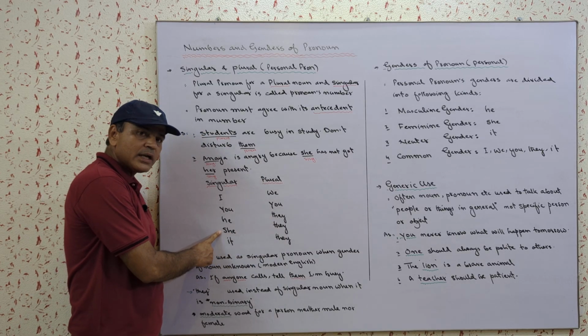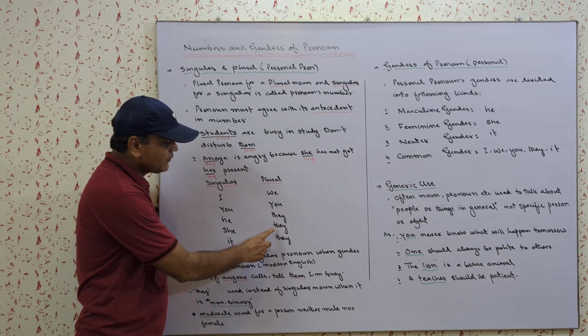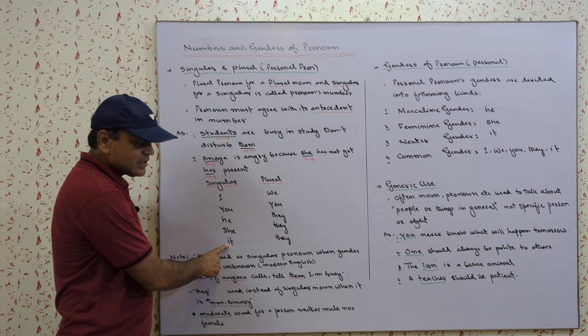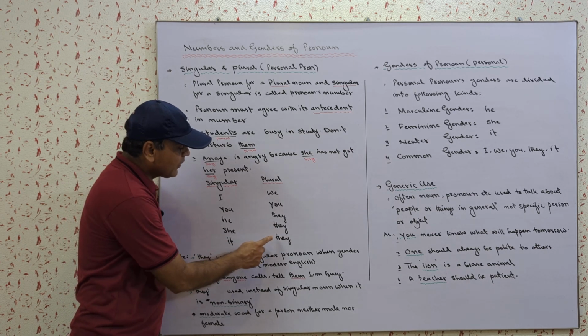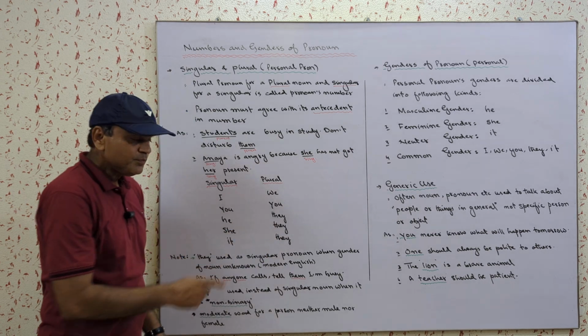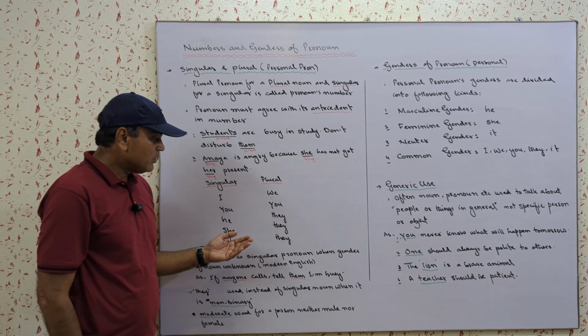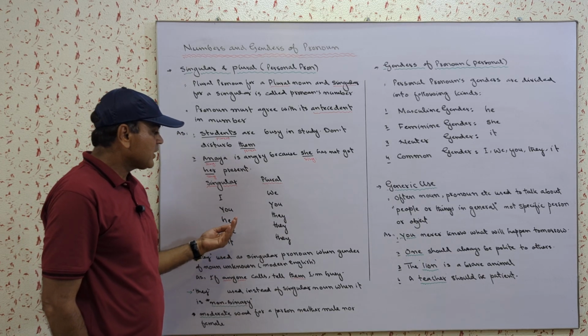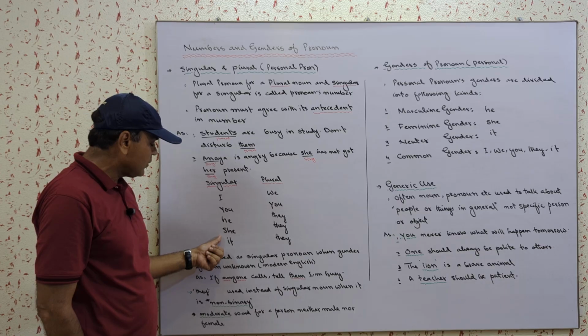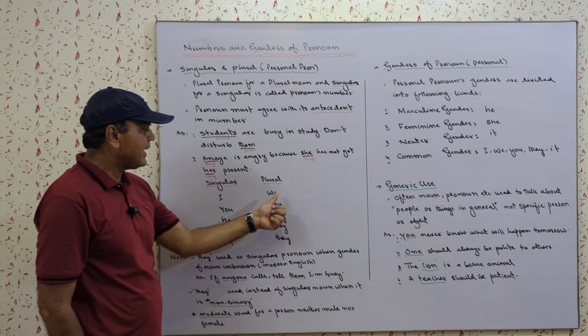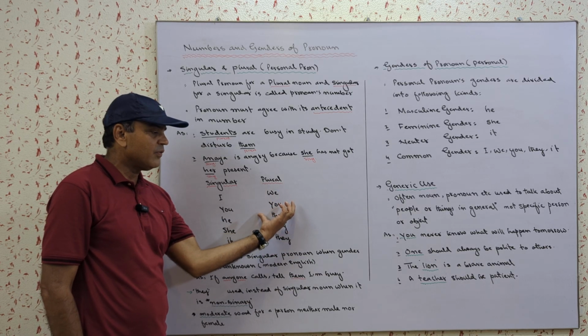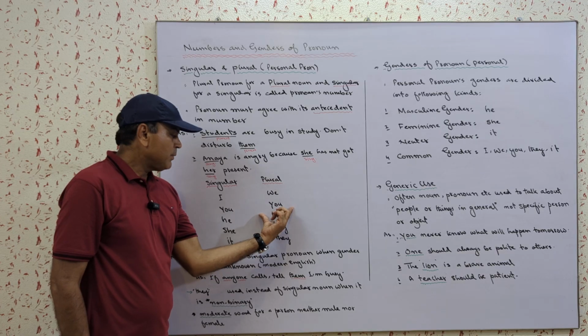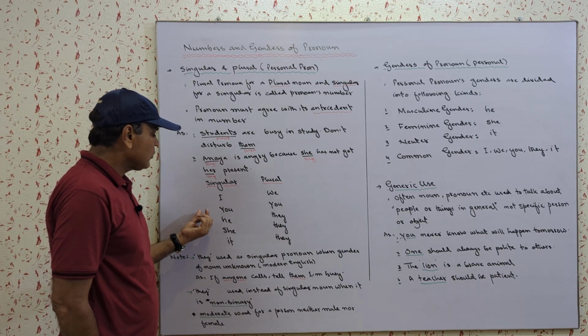She is used for singular and its plural form is they. It is singular and its plural form is they. So you saw that we didn't make the plural of any singular pronoun by adding s or es, but there are already set plurals for the singular pronouns.